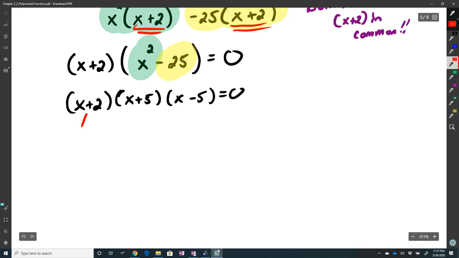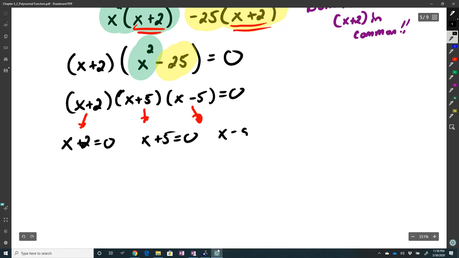Right, and we get, in this case, 3 answers. So this tells me that x plus 2 equals 0, x plus 5 equals 0, x minus 5 equals 0. So x equals -2, x equals -5, and x equals 5.